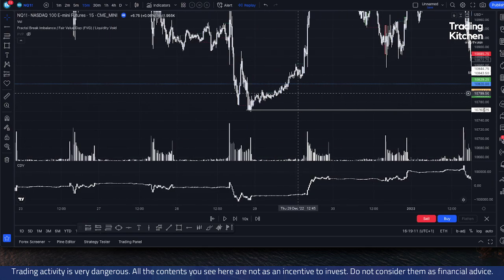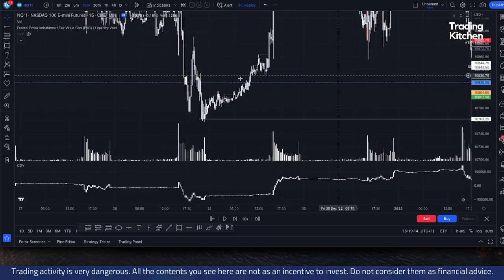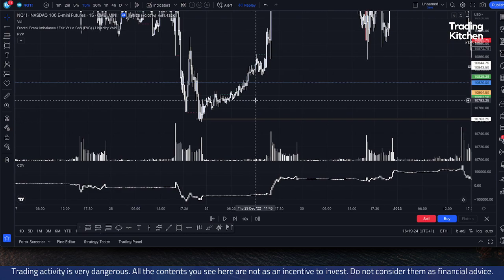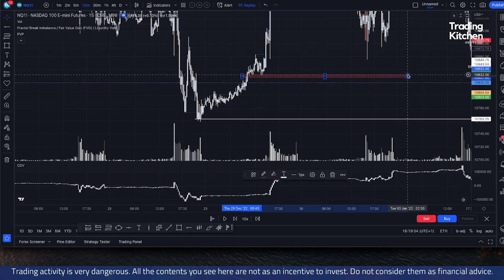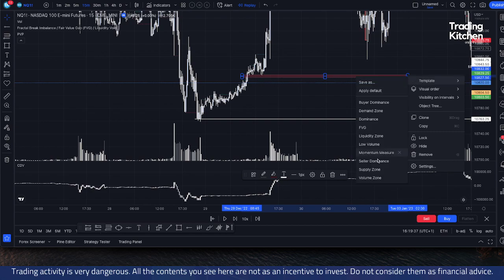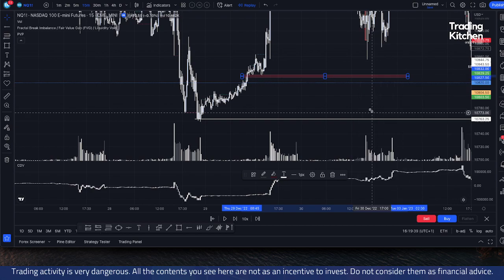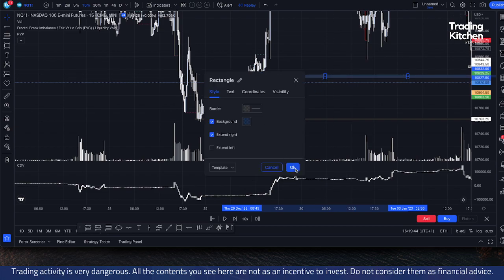Here, to be honest, I use the untested POC to better identify the zones. Like here, I'm pretty sure that we have an untested POC because we have strong imbalance. So we can highlight this demand and extend to the right.